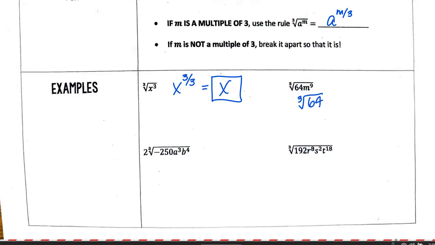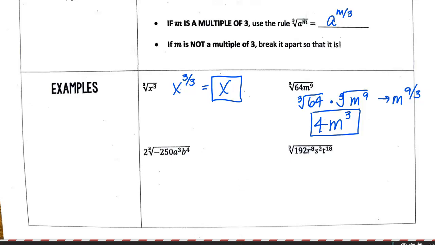So we have the cube root of 64 times the cube root of m to the 9th, and 9 is divisible by 3. So remember, that's just m to the 9 divided by 3. So our answer here, the cube root of 64 is 4, and this will be m cubed, because 9 divided by 3 is 3.